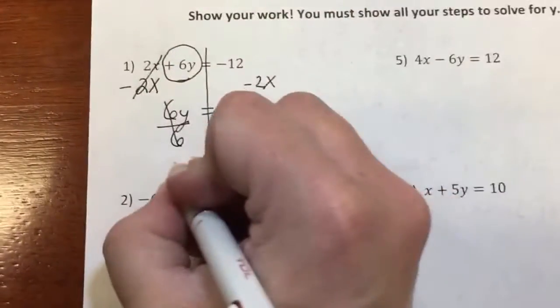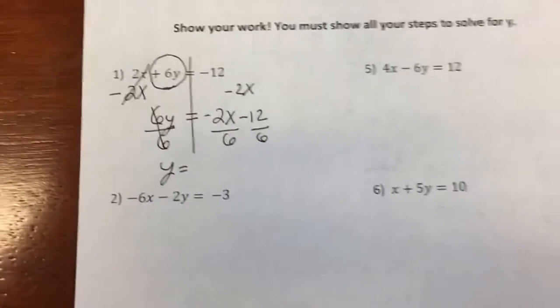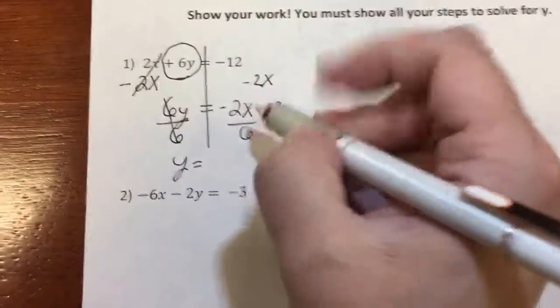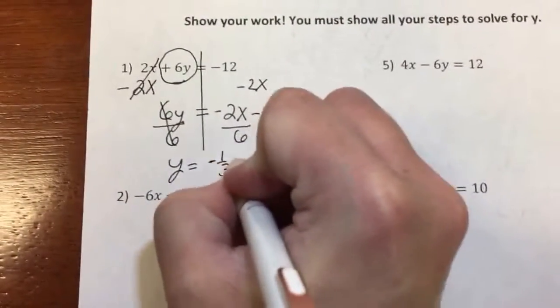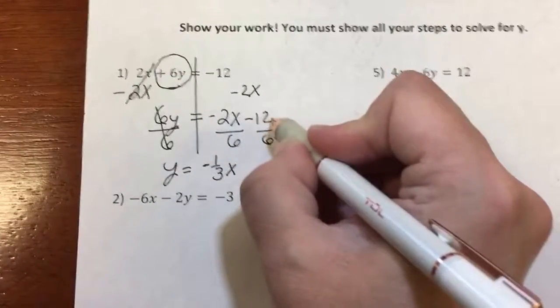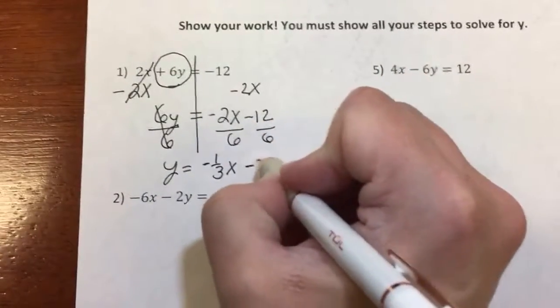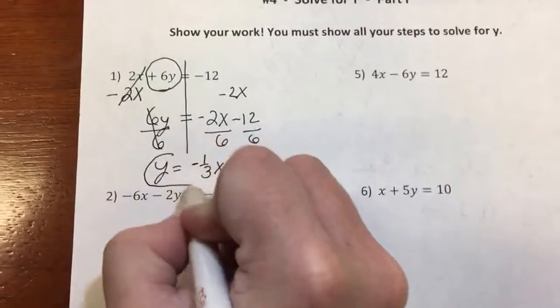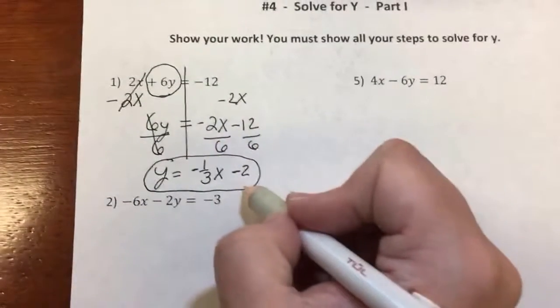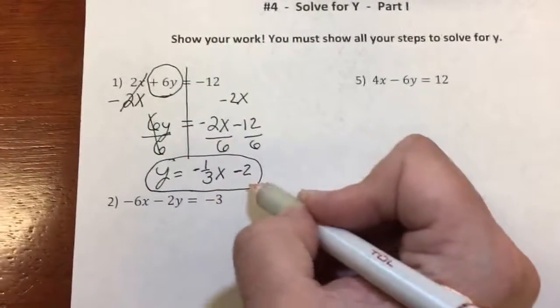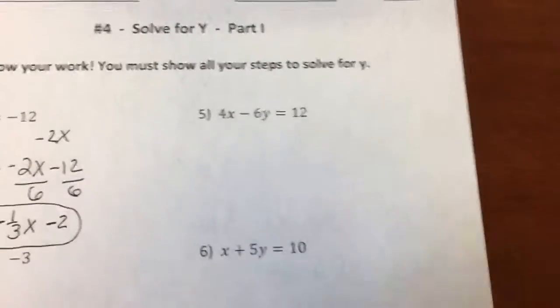So 6 divided by 6 is y, and a negative 2/6 will turn into a negative 1/3 x, and negative 12 divided by 6 is going to be negative 2. This is what we're looking for. We're trying to put the equation to where it says y equals. Okay? All right, let's do this again.